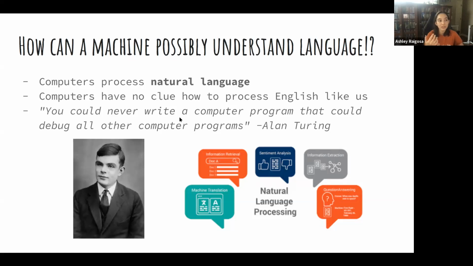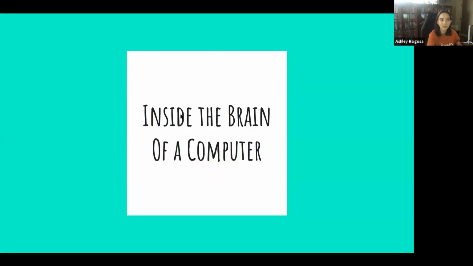So the way they understand text is not going to be the same way we do. Our brain uses neurons and other biological factors, while computers are only going to be using binary digits, as I had said. So that's a really interesting point. And the coolest part about that is it was all the way back in the 1950s, and he already knew about this concept. That's so cool.